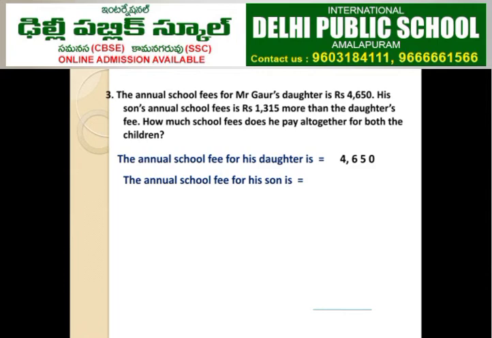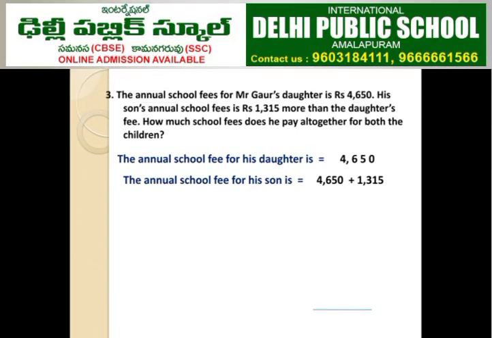Now the second step is the annual school fee for his son. Here we did not find out for his son. Why? Because in the question they gave 1315 more than the daughter's fees, but they did not give the direct amount. So to find that out, we have to add this 1315 to 4650. So this amount is his son's annual school fees.